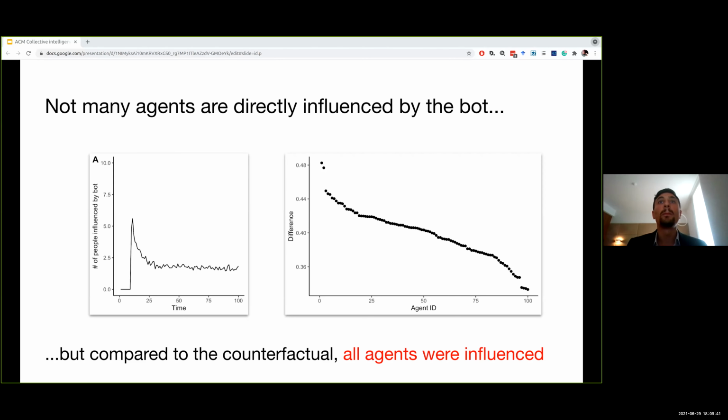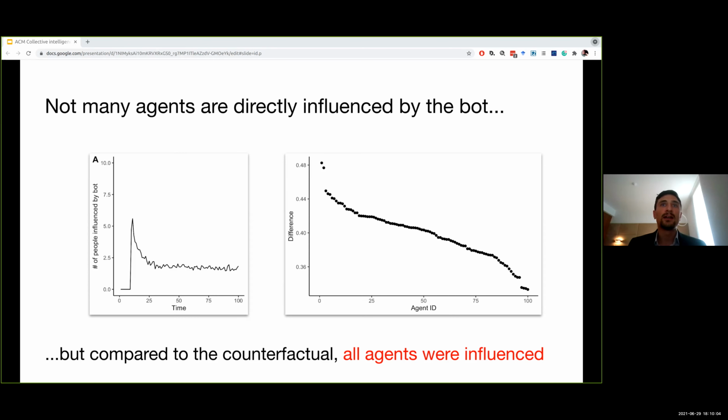However, if you compare the average opinion difference between the same agent, so the same node in the network, in the 2 simulations, in these 2 counterfactual worlds, one with the bots and one without the bots, now virtually all agents of the network have shifted their opinion at least a little bit.